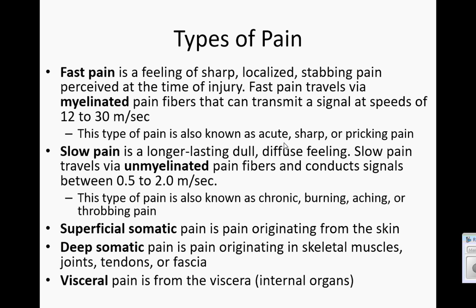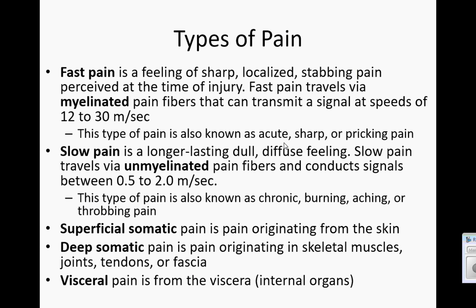This type of pain travels by way of myelinated nerve fibers at speeds of 12 to 30 meters per second. Now this is a yardstick, which is pretty close to a meter stick. I'm talking 12 to 30 of these in a singular second. Now we're not 12 to 30 meters in length, probably just a couple meters. So that signal is going to get through your body in a very quick amount of time.